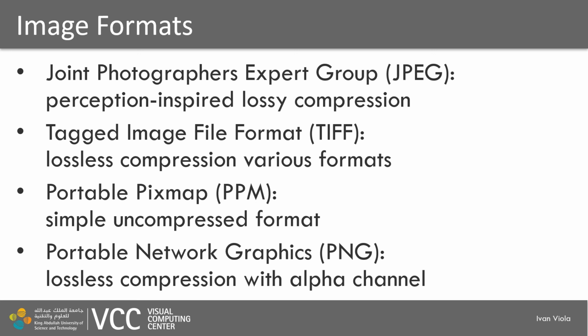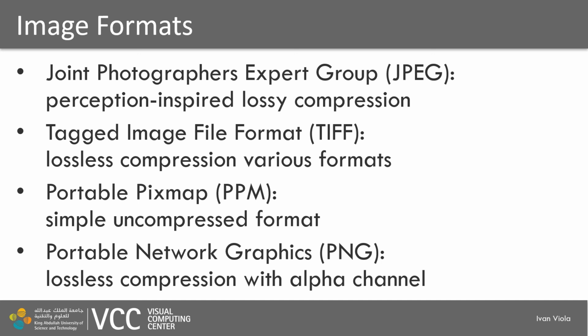Finally, let me say a few words on the various image formats which we have at our disposal. A very popular image format, which is used also in photography, is the JPEG format, which is the abbreviation for Joint Photographic Experts Group, which is a so-called lossy compressed image.